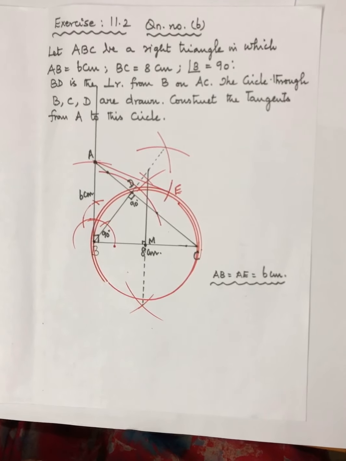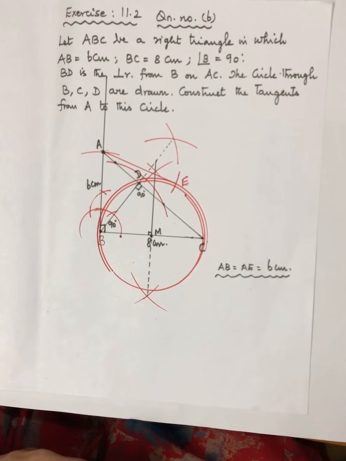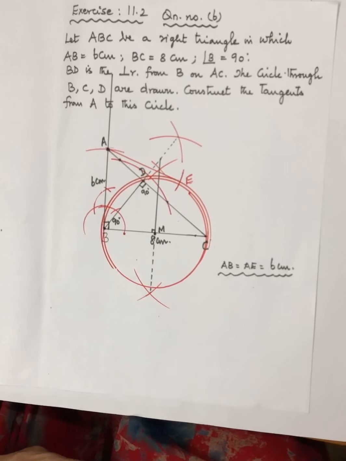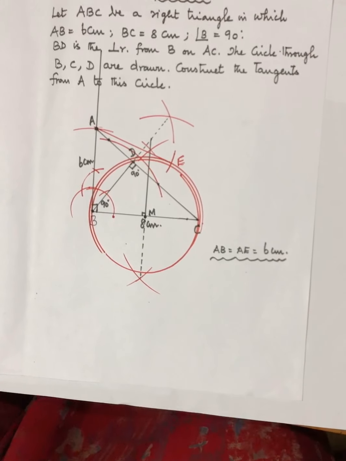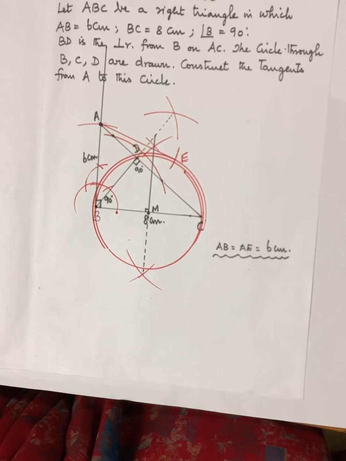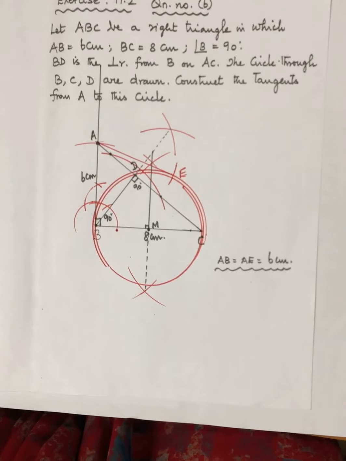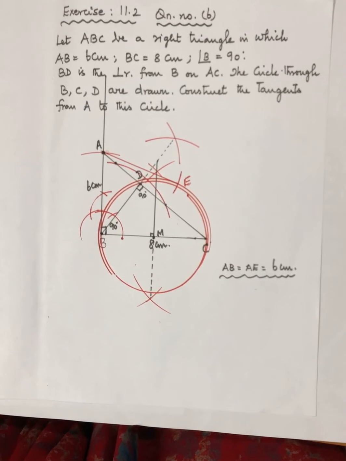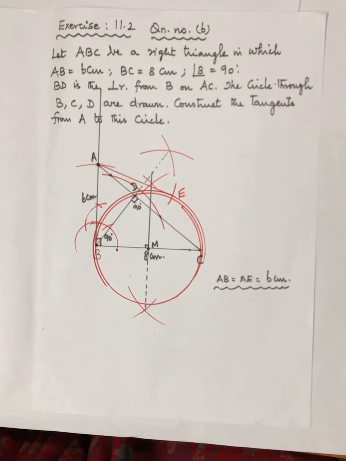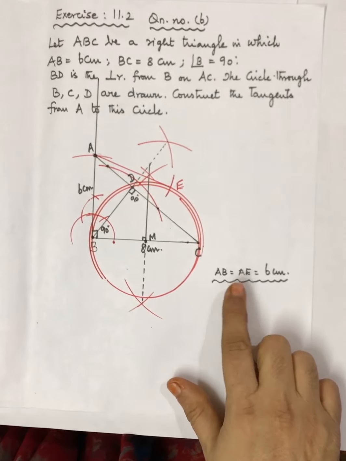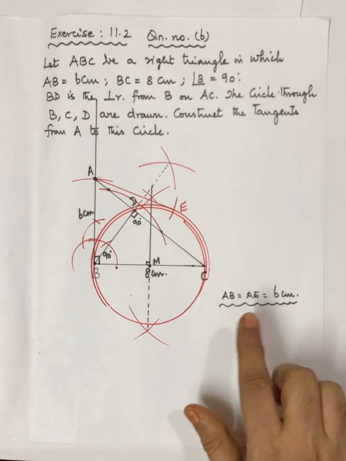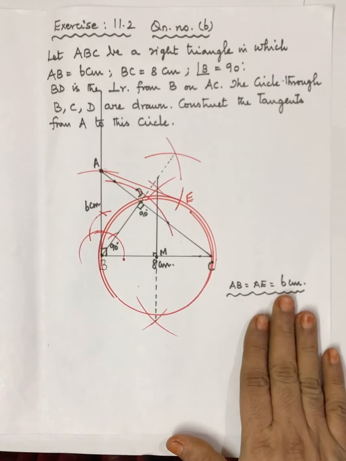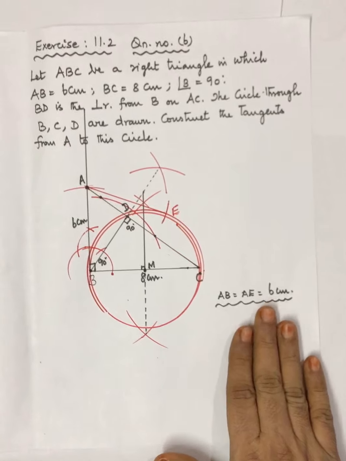Needle at A. Cut an arc on the circle. Let the arc meet the circle at E. Join A to E. AB and AE are the two tangents to the circle from the point A. So, measure and write AB is equal to AE is equal to 6 centimeter. This is how you are going to make the construction for question number 6.